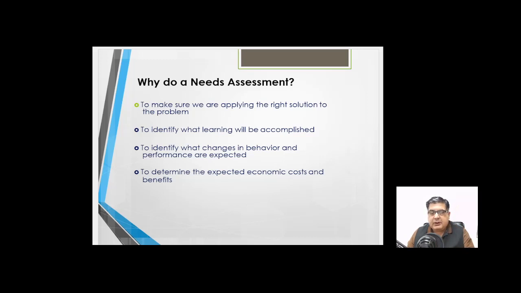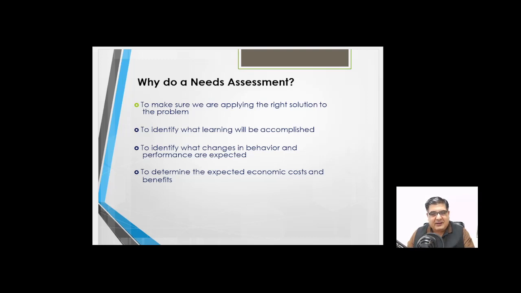That's why need assessment is the biggest part of learning and development professionals' life and their own competency development. That's why we have been emphasizing so much on their own competency development, and then people competency development, and then aligning it. So these are the reasons.